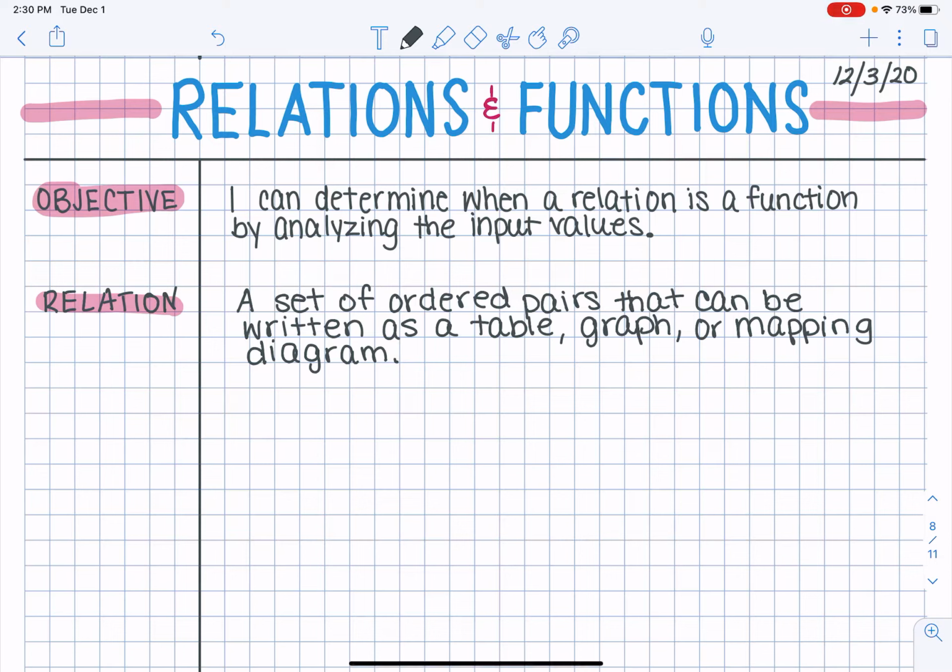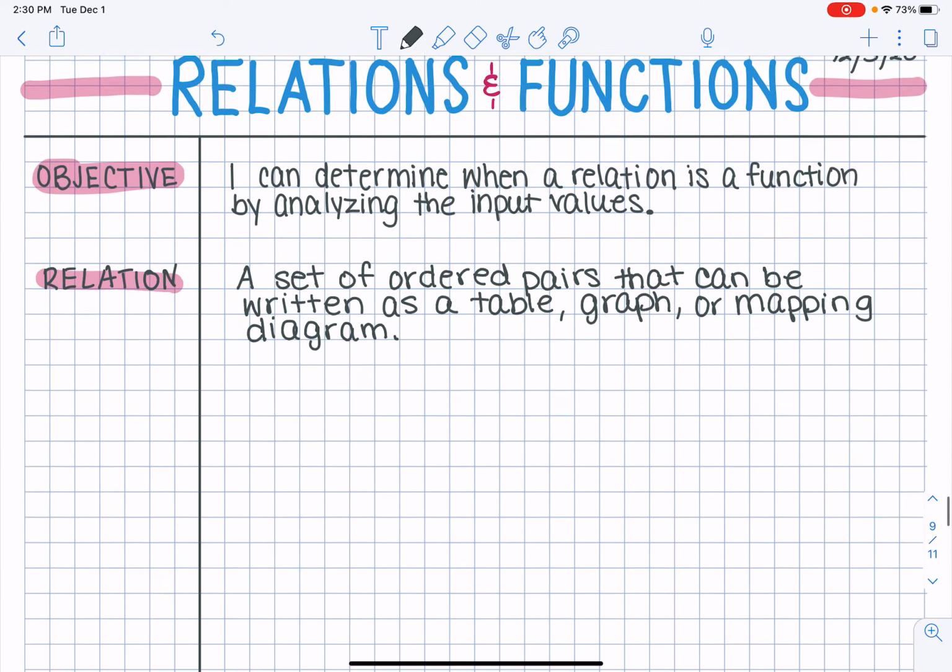Okay, so a set of ordered pairs that we can also write as a table, a graph, or a mapping diagram. So there's 4 different ways that we can represent relations. These are all things that we already know.